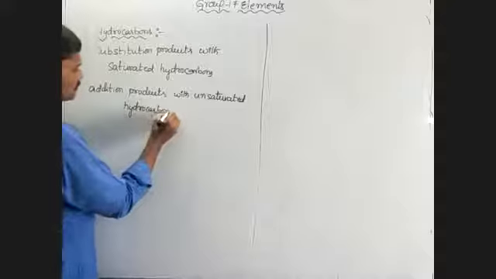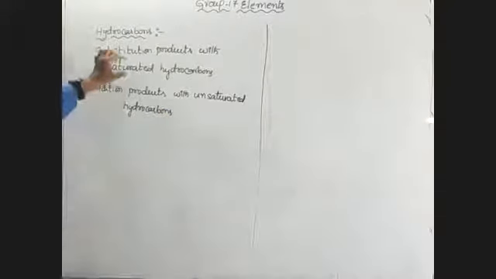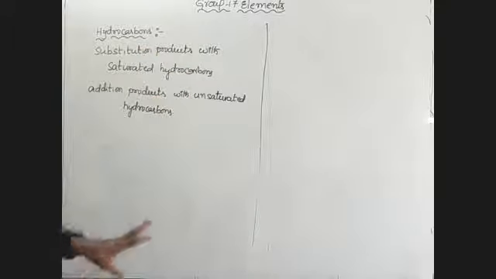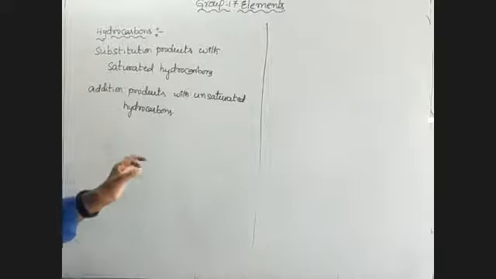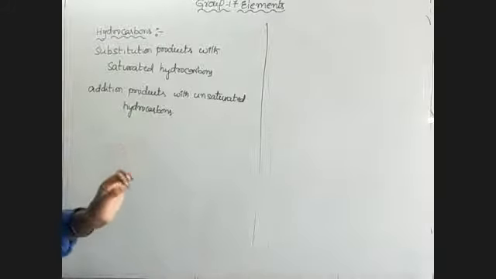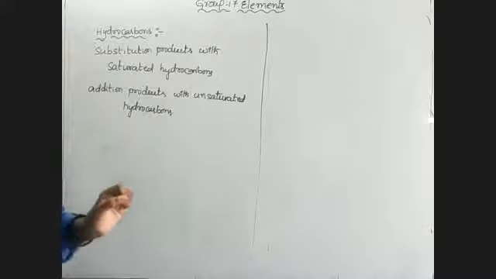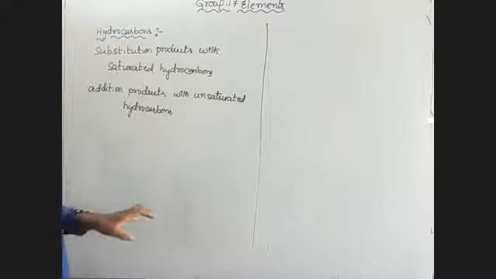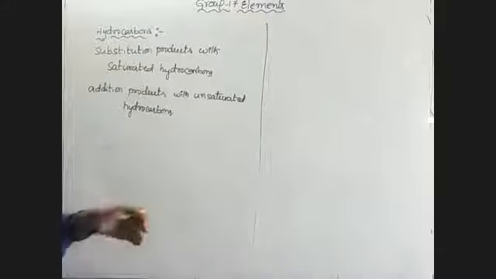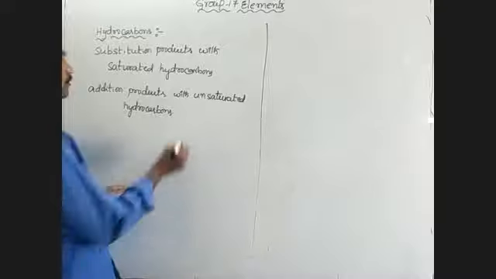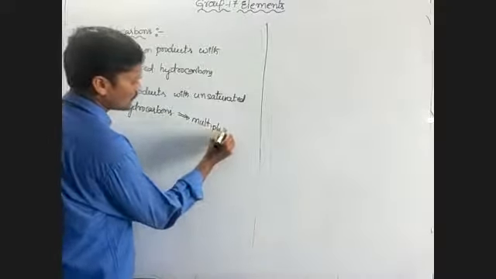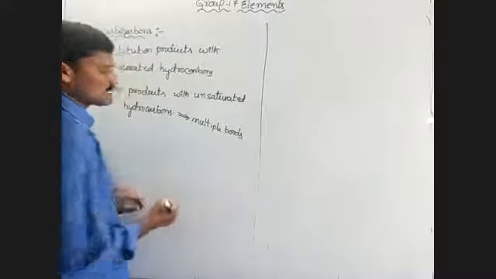Now what is the difference between saturated hydrocarbon and unsaturated hydrocarbon? Saturated hydrocarbons contain only single bond. Unsaturated means the hydrocarbons which contain multiple bonds, like double bonds or triple bonds.